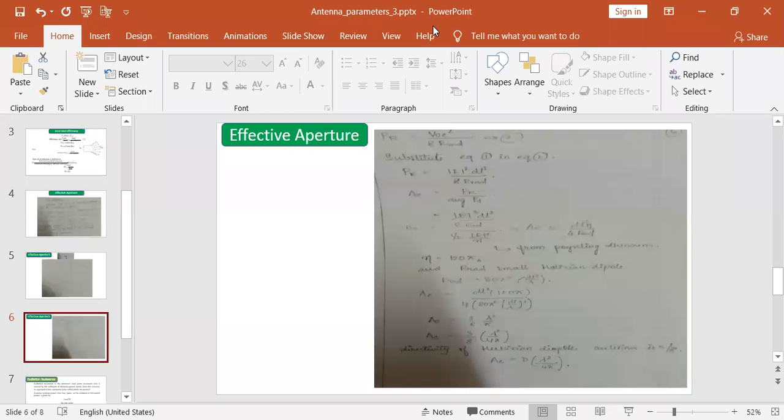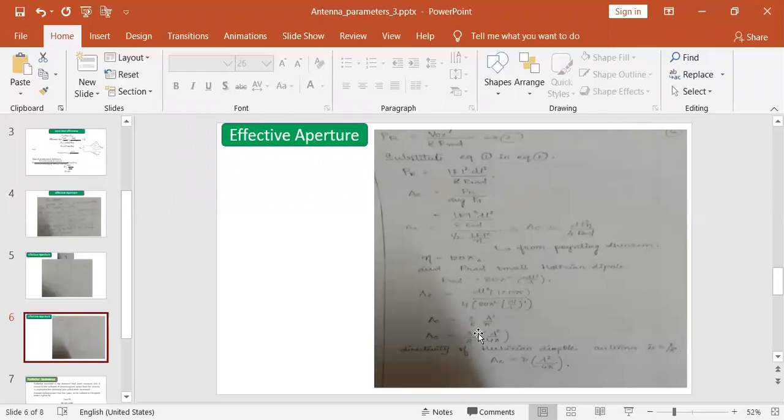Then we can calculate A E as P R by the average value of power density. From equation 2, we substitute P R here, and we'll get the simplified expression as A E is equal to D L square eta by 4 into radiation resistance.